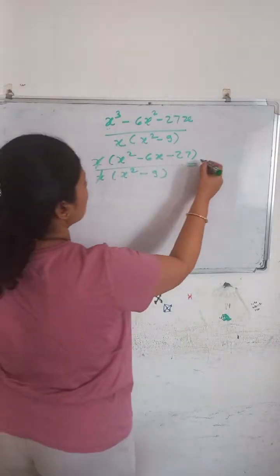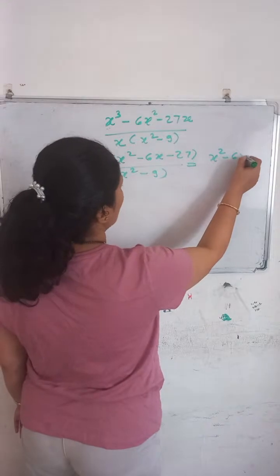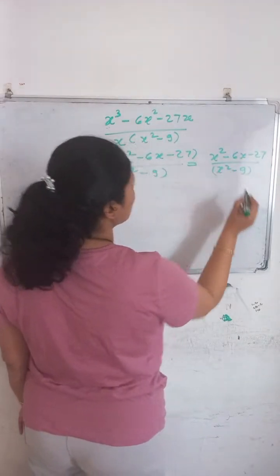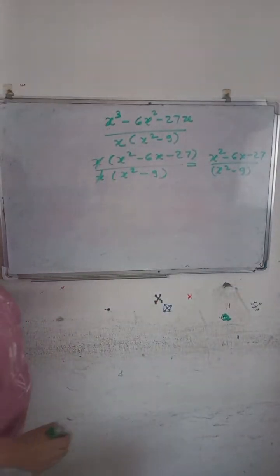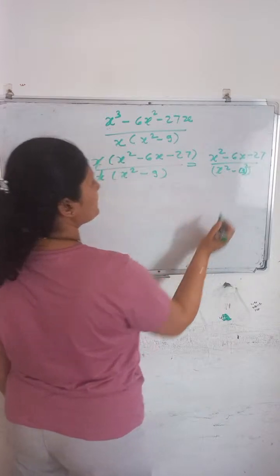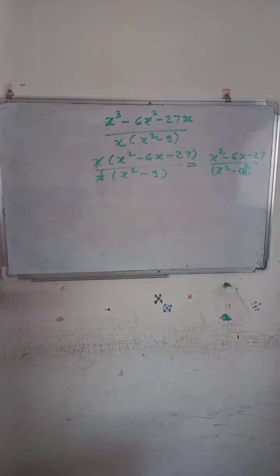X gets cancelled, and you can write x square minus 6x minus 27 upon x square minus 9. Also x square minus 9 we can write as x square minus 3 square, and afterwards we can apply the a square minus b square identity.